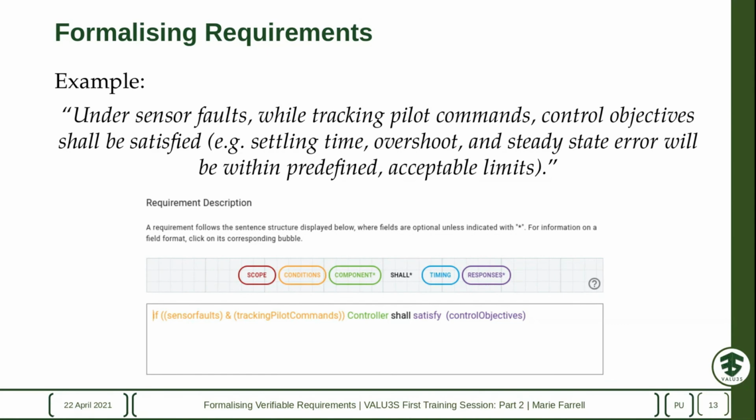For example, we've used Booleans here for sensor faults, tracking pilot commands, and control objectives. So it's obvious to someone reading this requirement in FRETish that those things haven't yet been expanded, and that they should be for more detailed requirements, depending on the level of detail you want to go into.